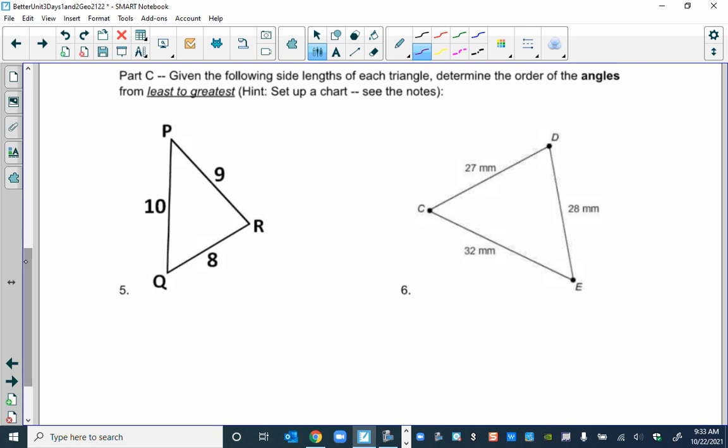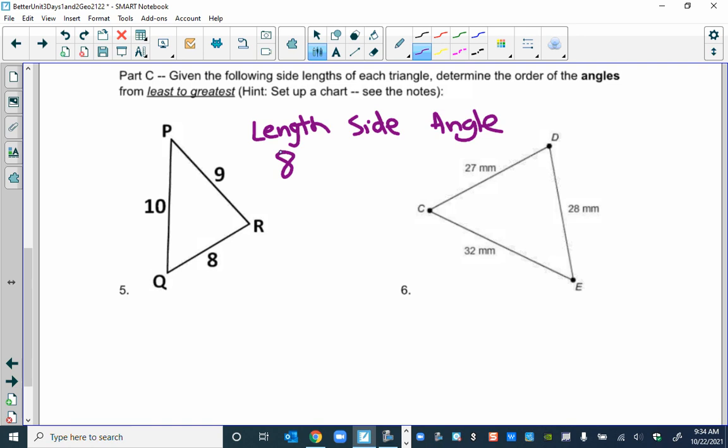Set up, so you have your side. So for both of them, set up the length, side, and then whatever the last letter was, your angle. So for instance, your shortest side is 8.